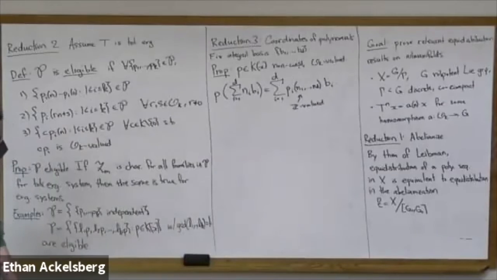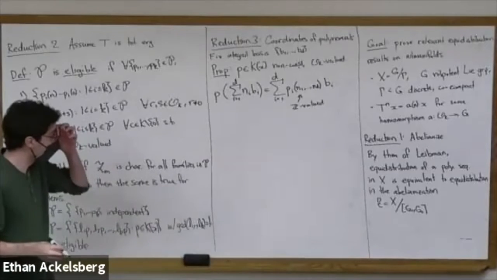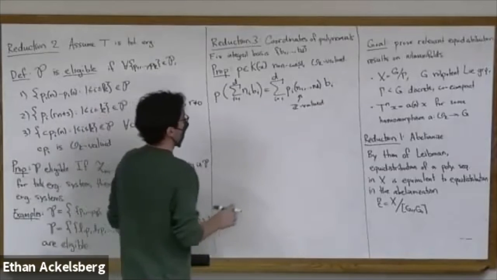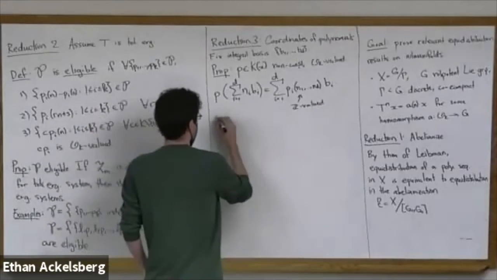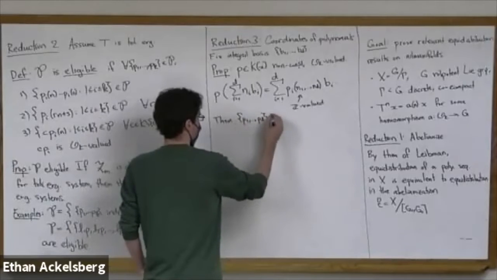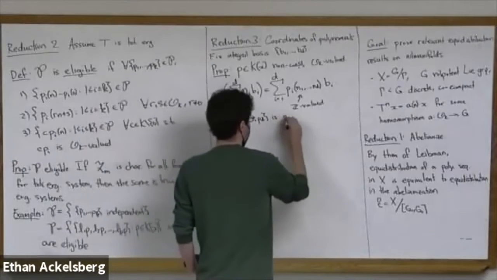And so this gives us d polynomials from Z^d to Z. And what I want to say is that this family P1 through Pd is algebraically independent.